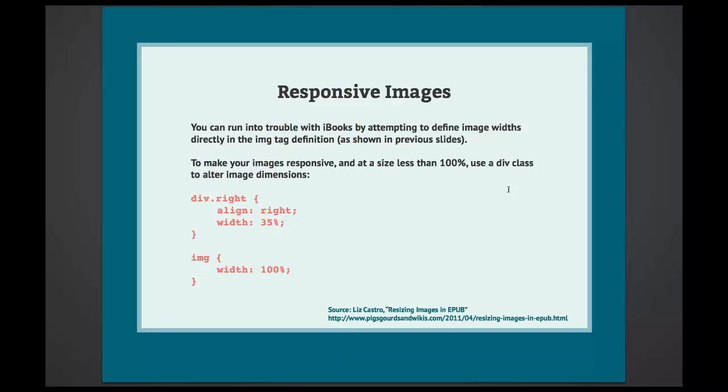And then for responsive images, iBooks obviously doesn't allow you to define the width as previous slides show. So you'll include your image with a width of 100 percent, and then include it in a div that will reduce the size. Otherwise, it will break.